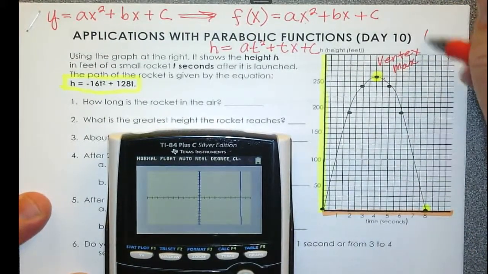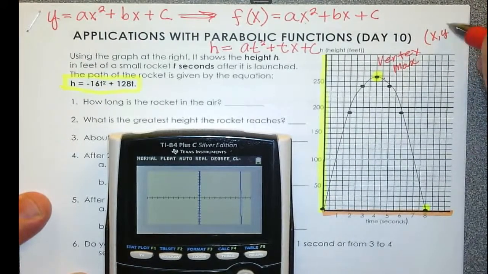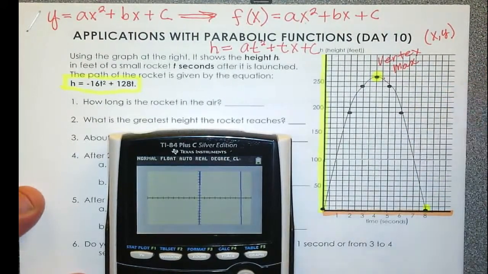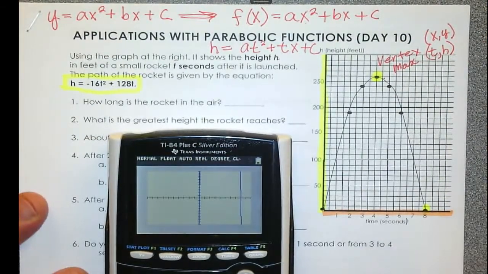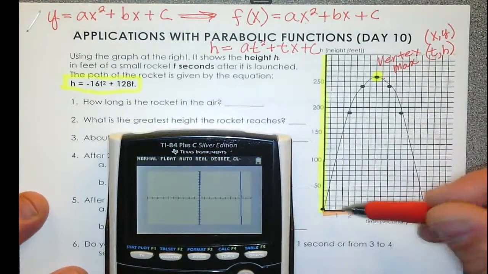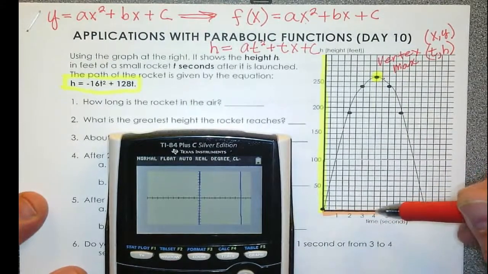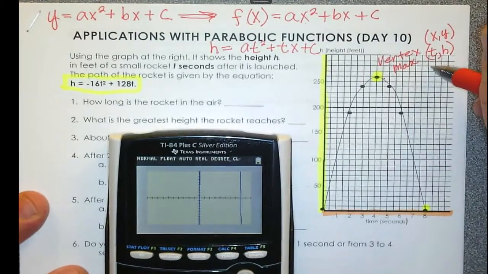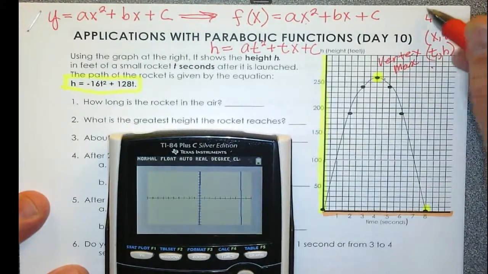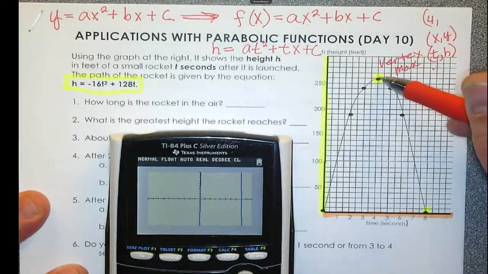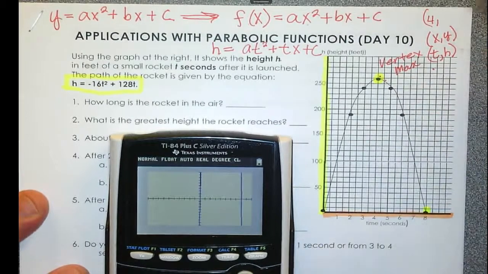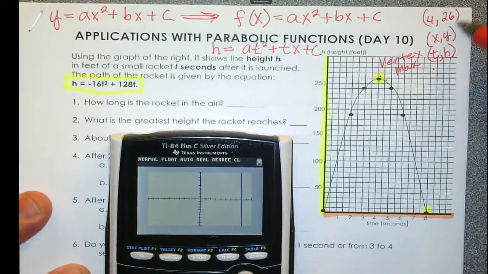The coordinates are x comma y, or, in this case, t comma h. Well, what is t comma h? Well, t is going to be 4, or x, right? And my h looks to be about 260.